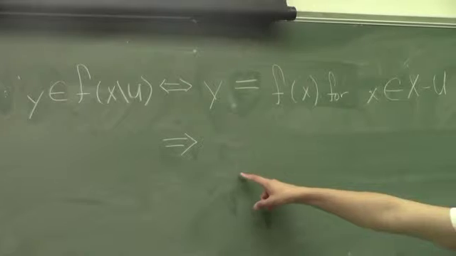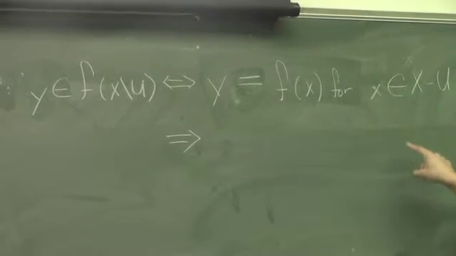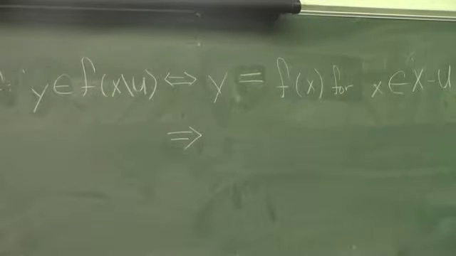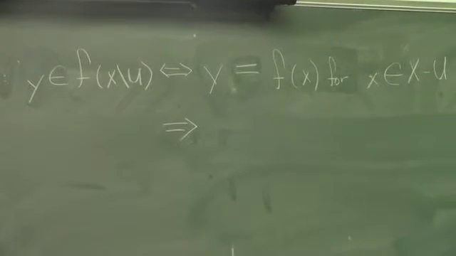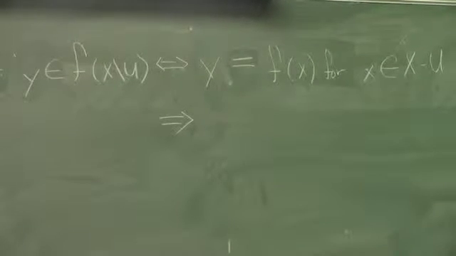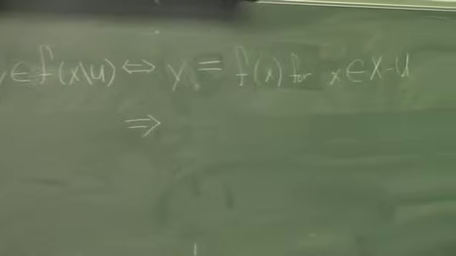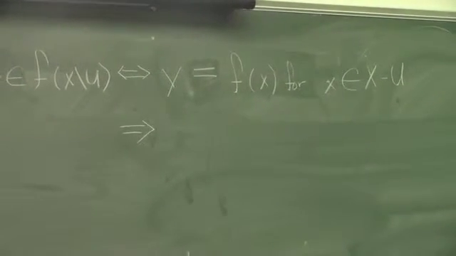So can I say y equals f of x for x a member of X, but x is not a member of U? If you take X minus U, wouldn't it have to be? So now you would like to, so don't put an implies there.